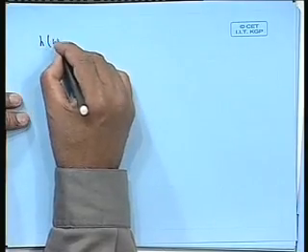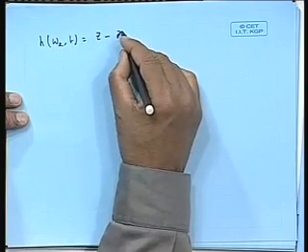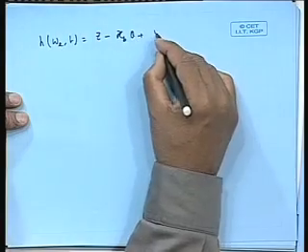Now why do I say that? Because the interesting part is that if you linearly combine here, we start with this again: z minus xb theta plus yb phi.